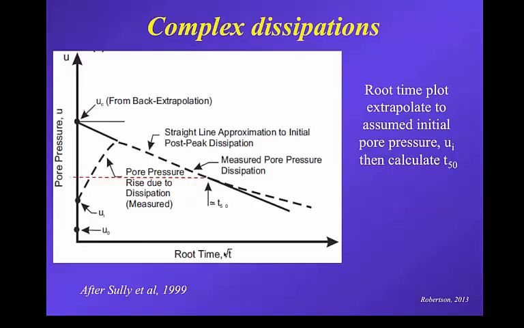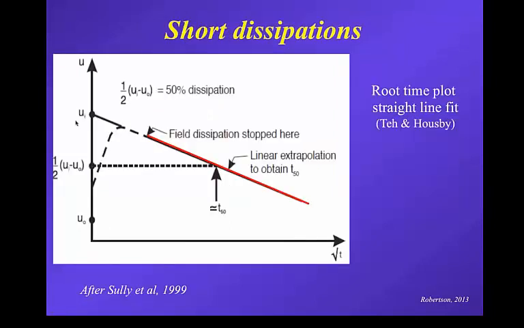So Sully and Campanella and myself back in '99 wrote a little paper that tried to help with this. And so Sully showed a number of plots suggesting a way to handle it, and suggesting essentially that it was easier if you plotted it on this square root time plot where we're expecting it to be a straight line plot.